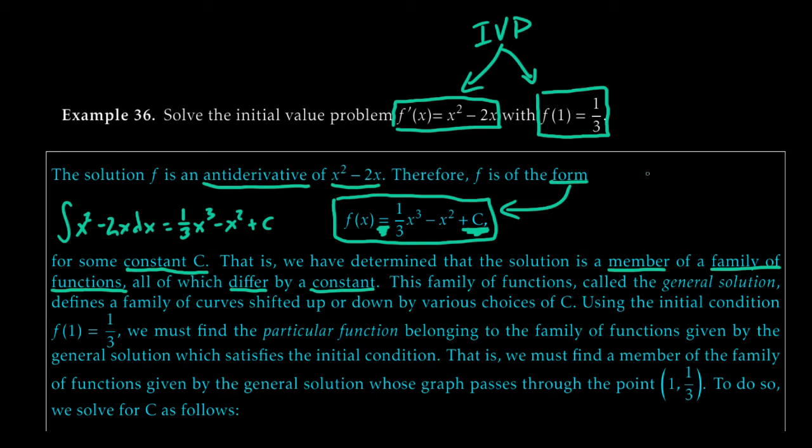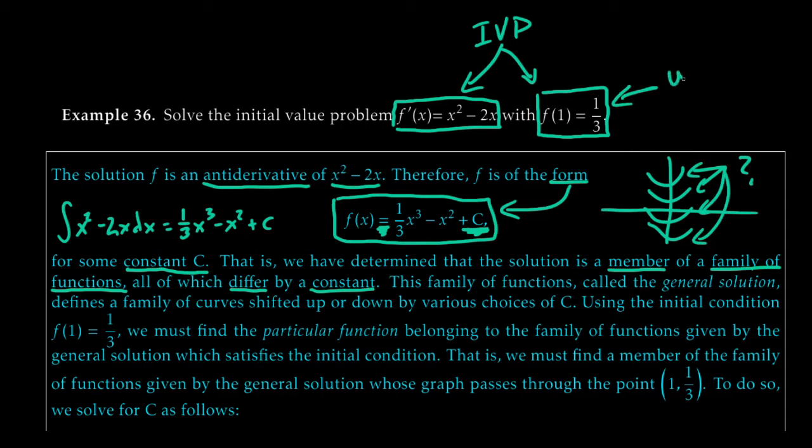This determines a family of curves shifted up or down, a bunch of parallel translates of the same function. But it doesn't tell us which one we should choose. There's an infinite number of them, and we don't know which one we're supposed to select without this piece of data right here. We have to use this data. So let's use this.